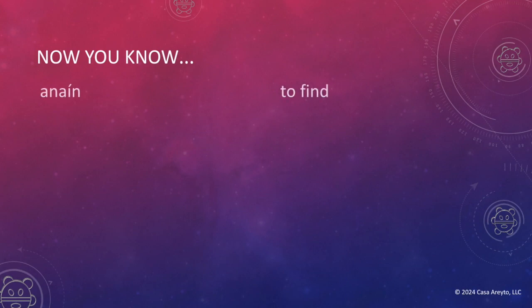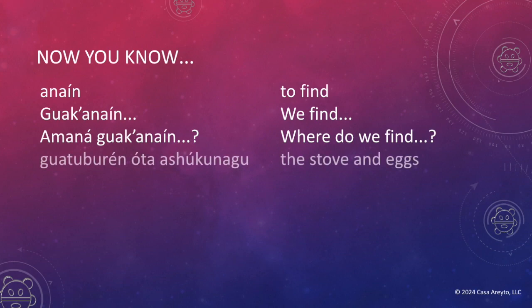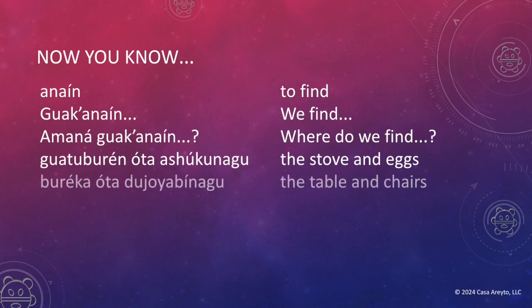Guak'anaín, to find. Guak'anaín, we find. Amaná guak'anaín, where do we find? Guatuburen ota ashukunagu, the stove and eggs. Bureka ota duhoyabi nagu, the table and chairs.